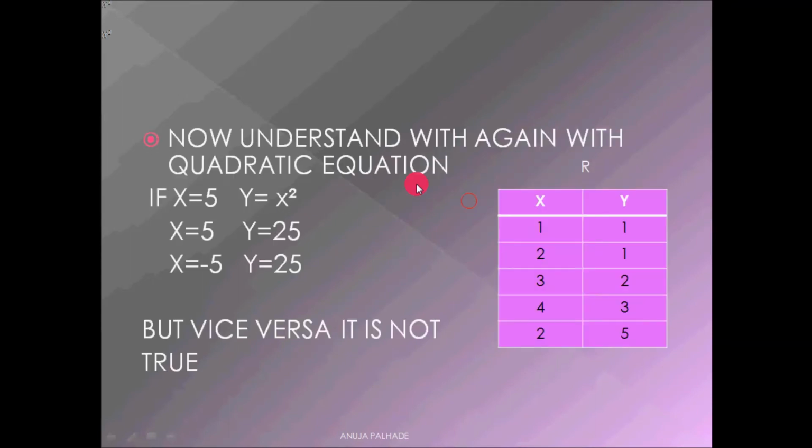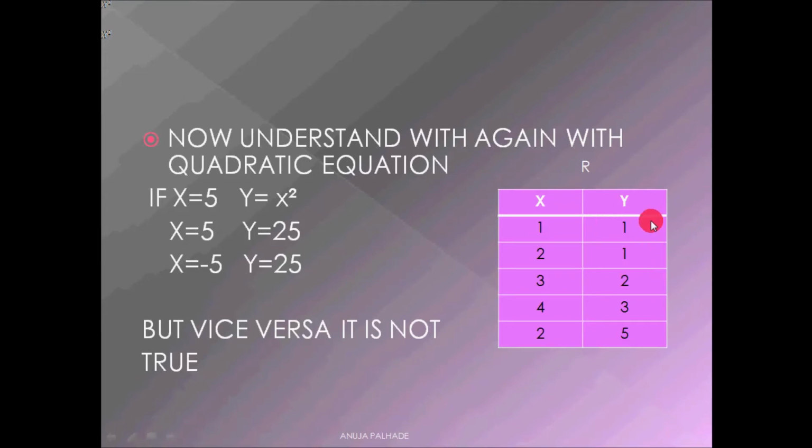Okay, that's why. Now, can we check it vice versa? If I say y determines x, what happens? If I say y determines x, it means the arrowhead will be towards x. So is 1 repeating?